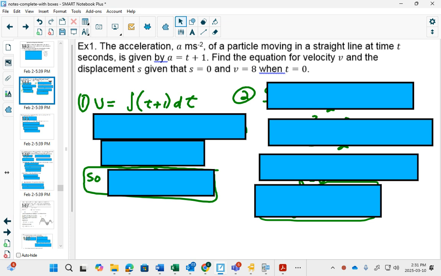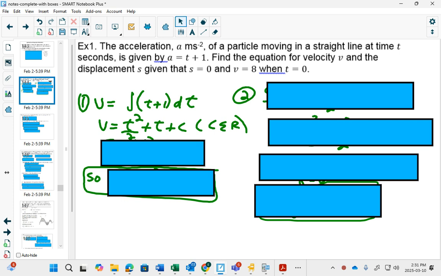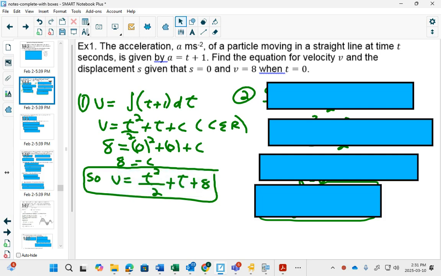If you integrated that rather easy integral, you get t squared over 2 plus t plus c. But we know that at time 0, velocity is 8, so we could plug in 0 for t and 8 for our velocity, and we get c, so we get an equation for velocity as t squared over 2 plus t plus 8.